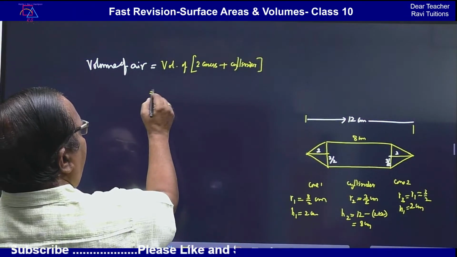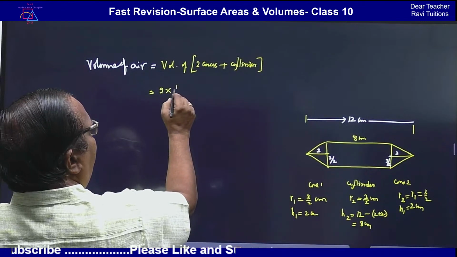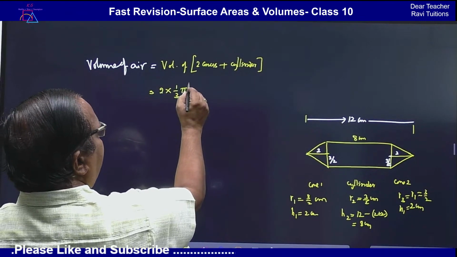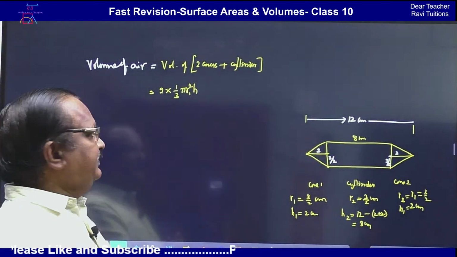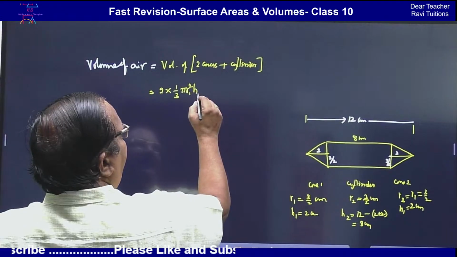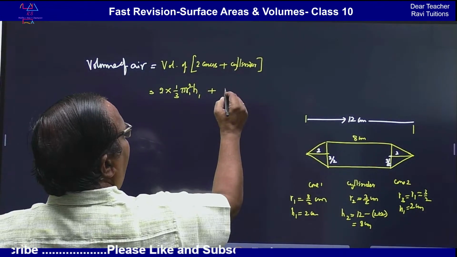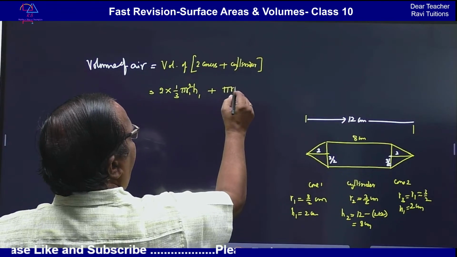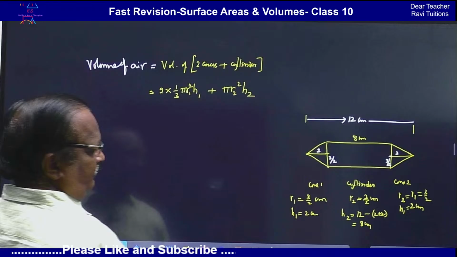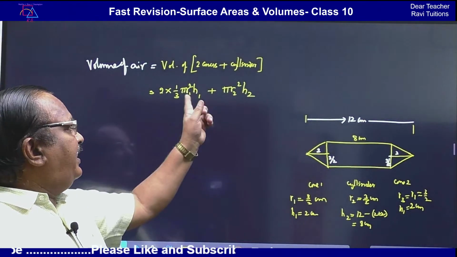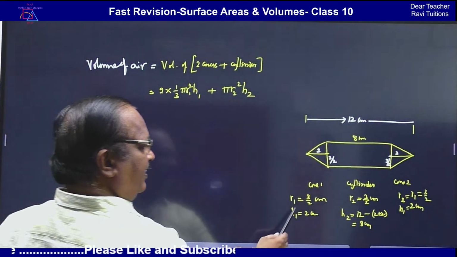So then 2 into volume of cone, which is 1 by 3 pi r square h. Let me write r1, h1 also. Then cylinder only one, so pi r2 square h2, because h1 h2 are different but r1 r2 are same. R1 is 3 by 2.